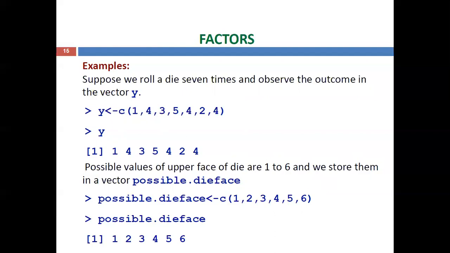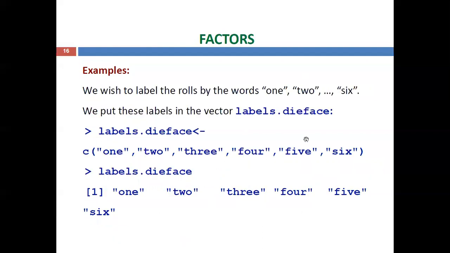Then all these levels can be labeled with the vector labels.dieface. So digit 1 can be labeled with ONE, then digit 2 can be labeled with TWO, then digit 3 can be labeled with THREE, the string, and so on.